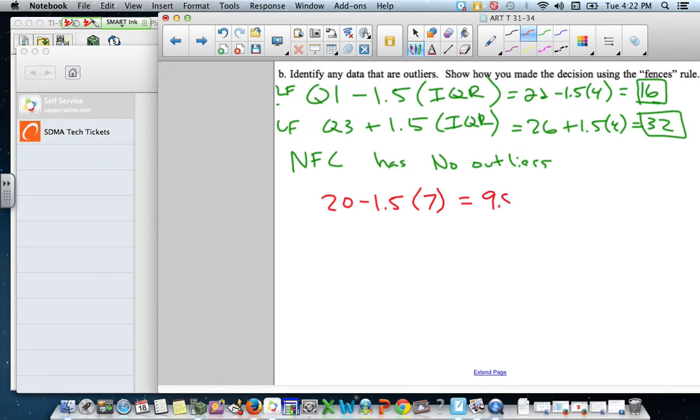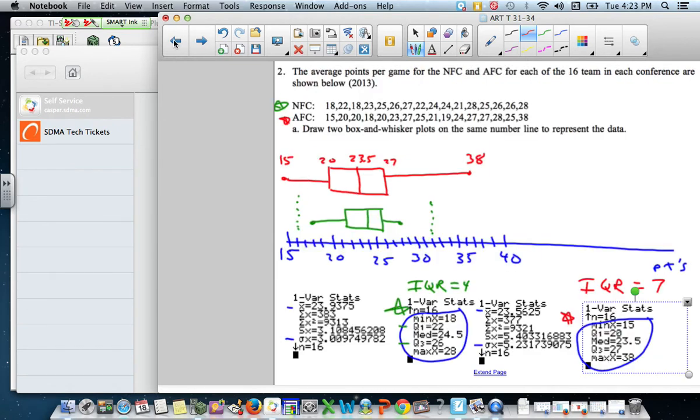Which ends up being 9.5 for my lower fence. And my upper fence is going to be 27 plus 1.5 times 7, which is 37.5. So now if I look at that graph, 9.5 is my lower fence, that's off the chart here, nothing below that.